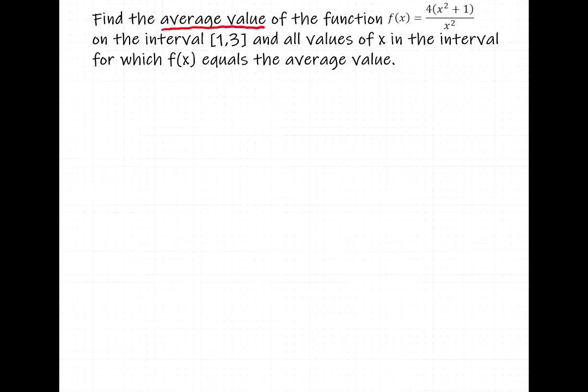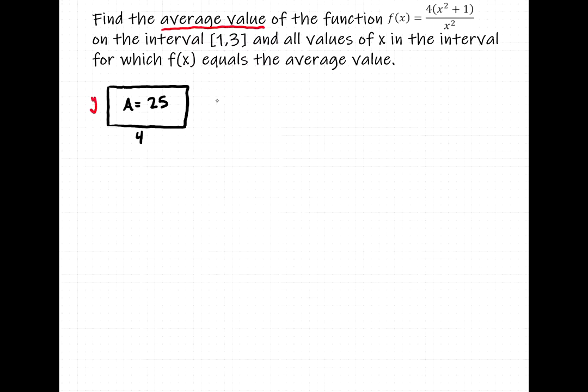Let's start with this. Let's say you have a rectangle, and you know the area of this rectangle is equal to, let's say, 25 square units. And you know the base of this rectangle is 4 units. Can we figure out the height? Well, sure.